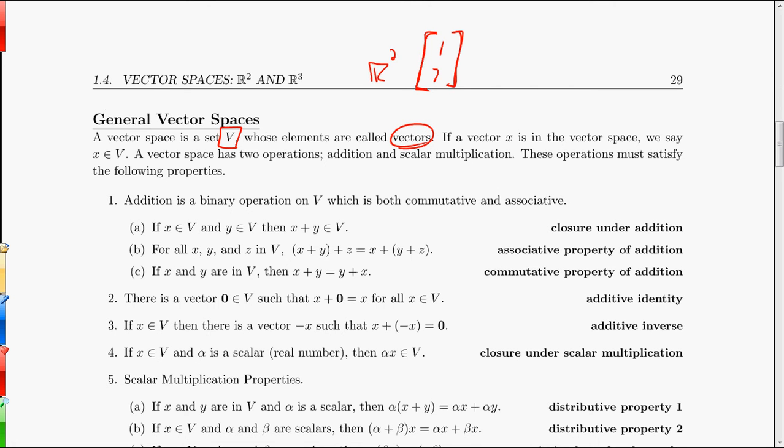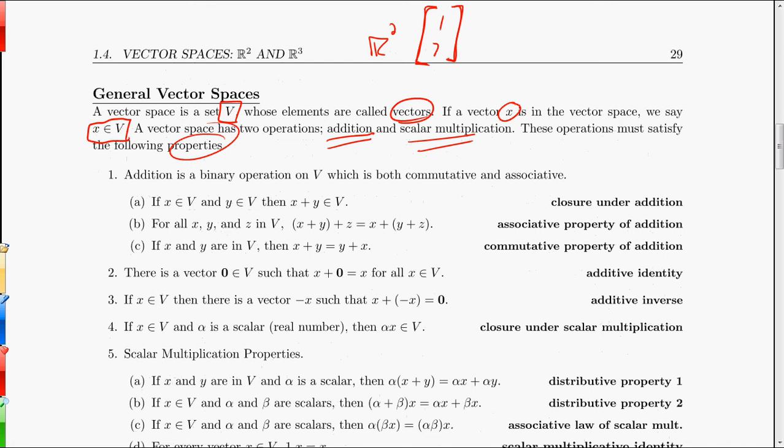We will often denote vectors within that set with X or Y or Z, and we would say X is an element of V. A vector space has two operations, addition and scalar multiplication, and they satisfy a bunch of properties.